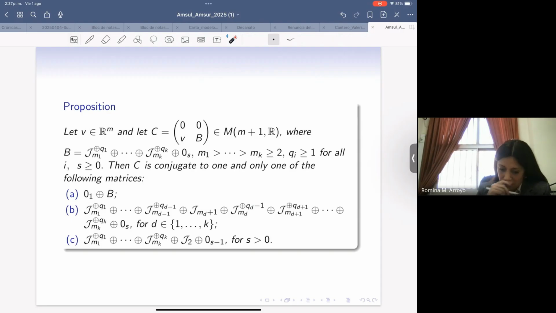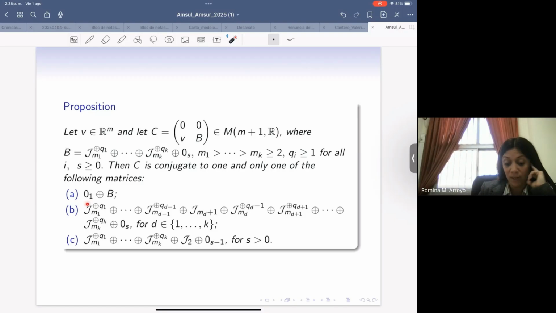So here I am considering a matrix C like this, and here I wrote the Jordan normal form of B like this. So then C is conjugate to one of the following matrices, and here we have 3 cases.